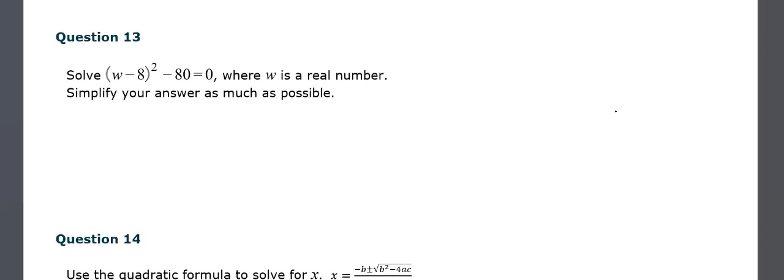Next, solve the quantity w minus 8 squared minus 80 equals 0. So the first thing we want to do is isolate. So I'm going to move the 80 on the other side by adding its opposite.